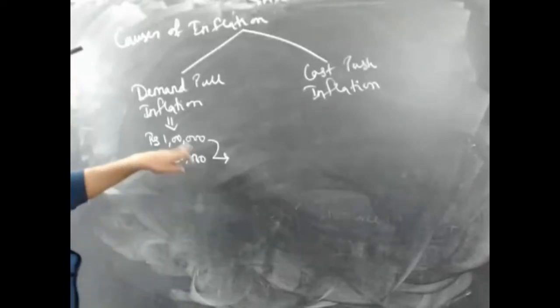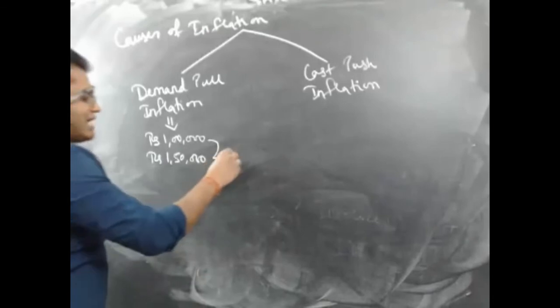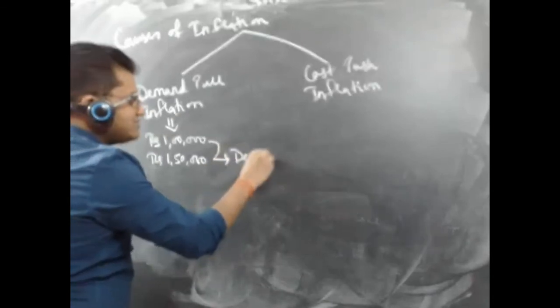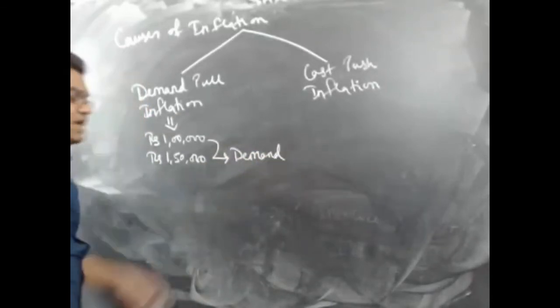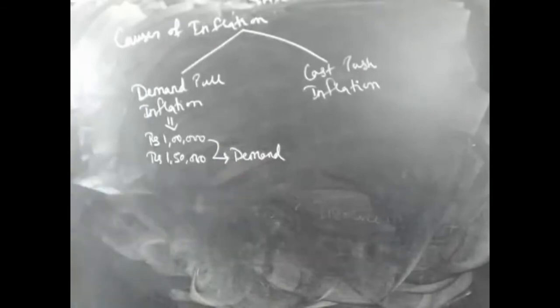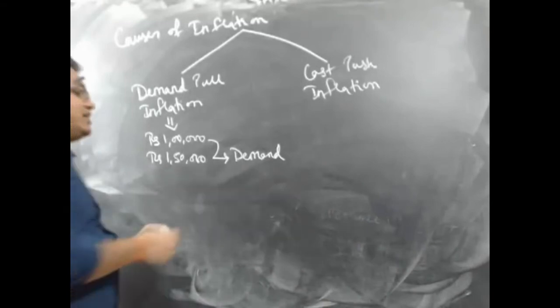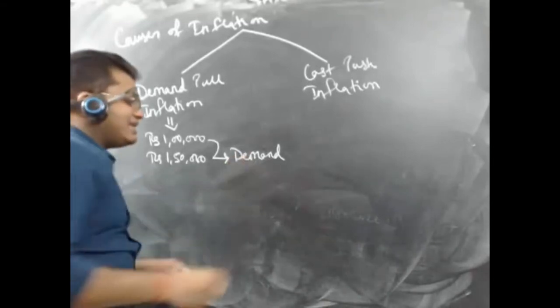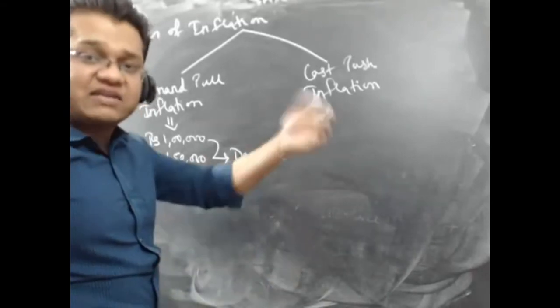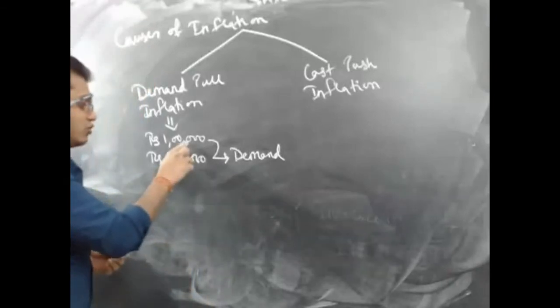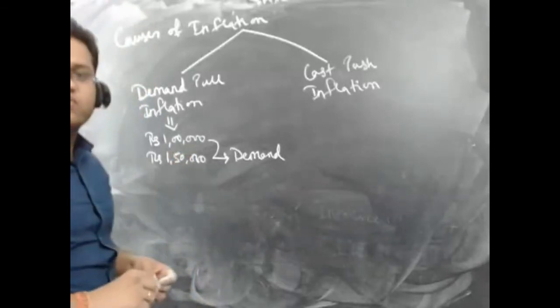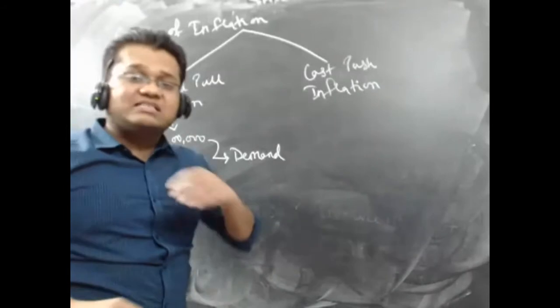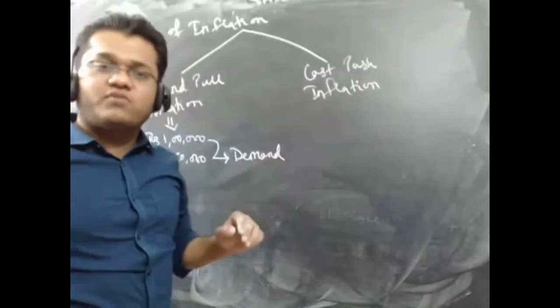So tell me, your consumption will increase. So can I say that your demand will increase? Now when demand increases, the price which you are paying will also increase, because it is not only your salary that will increase from 1 lakh to 1,50,000, the salary of all the people in the economy will increase.